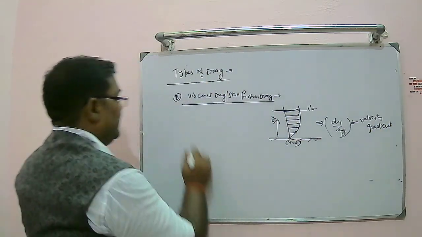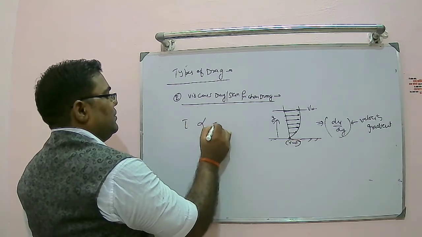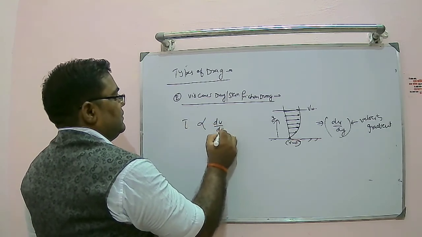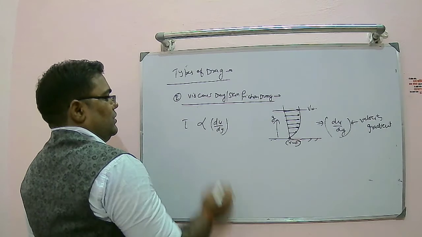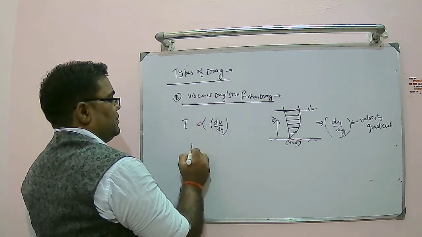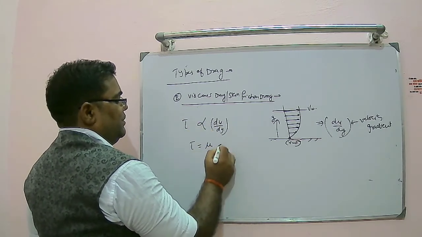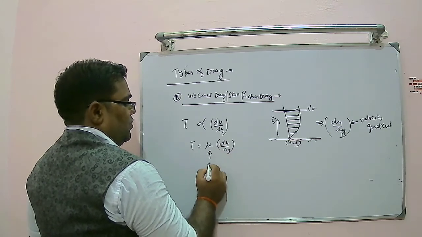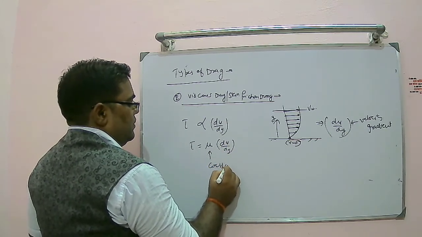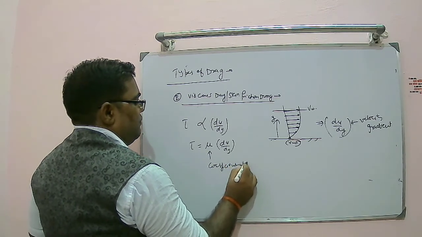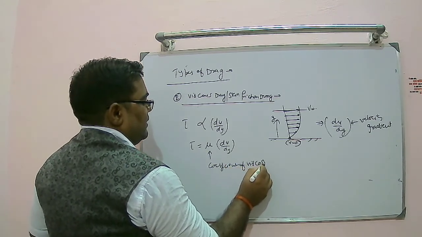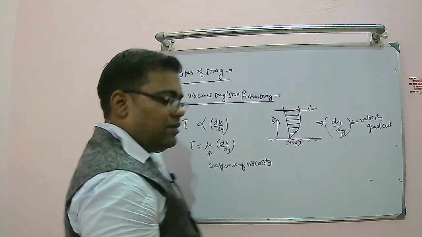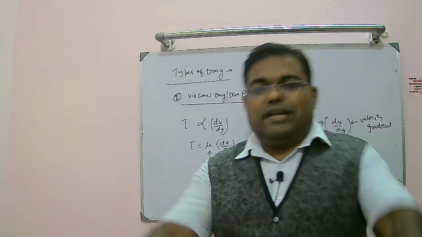Shear stress is directly proportional to the rate of shear strain. When you remove the proportionality sign, you get a constant: tau equals mu du by dy. This mu is known as the coefficient of viscosity. Sometimes we say coefficient of viscosity, or absolute viscosity, or dynamic viscosity.